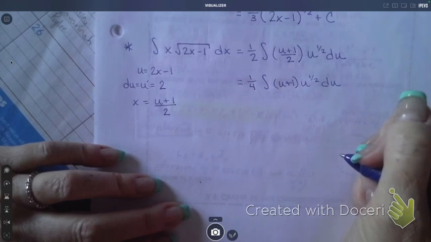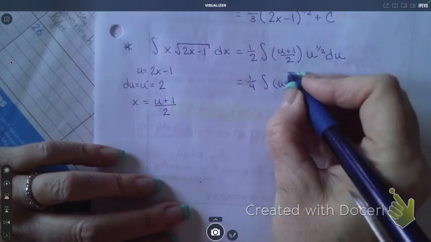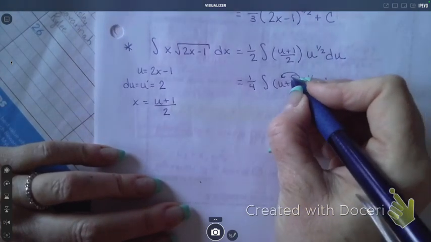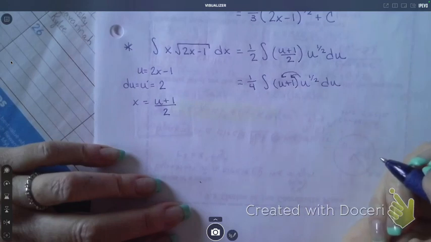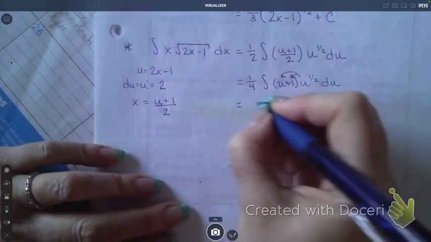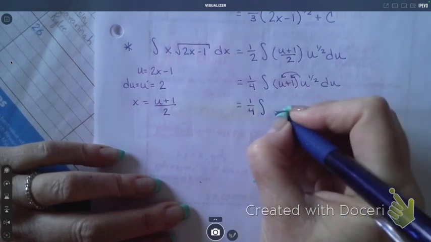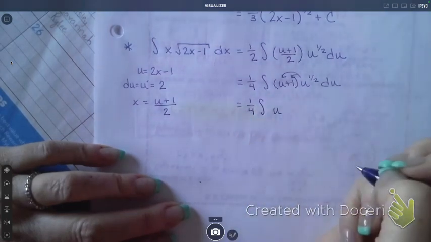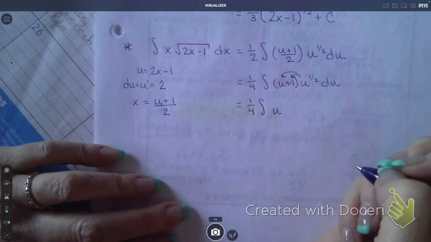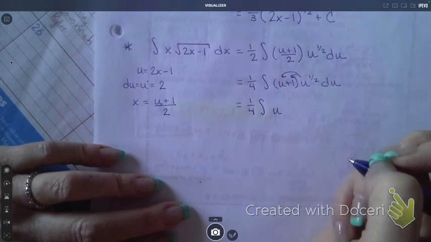Now could I make it even better by distributing that? So I would have 1/4 the integral of u to the, wouldn't it be to the 1/4?